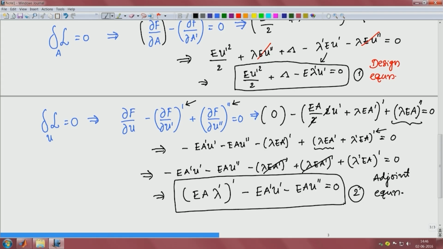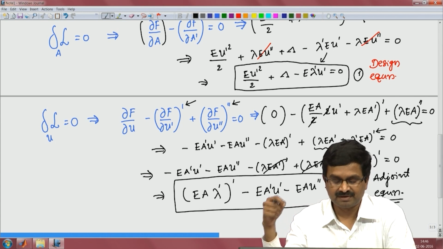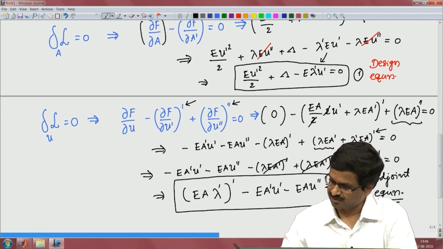So when we go back to this, this is the adjoint equation. We have two equations, and our unknowns are a of x and u of x, and lambda of x and capital lambda also.